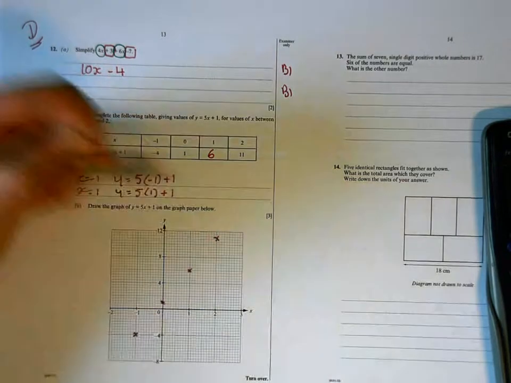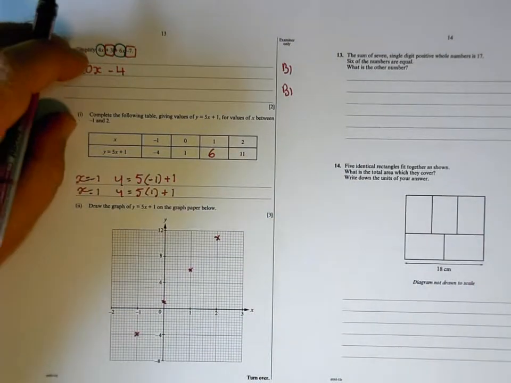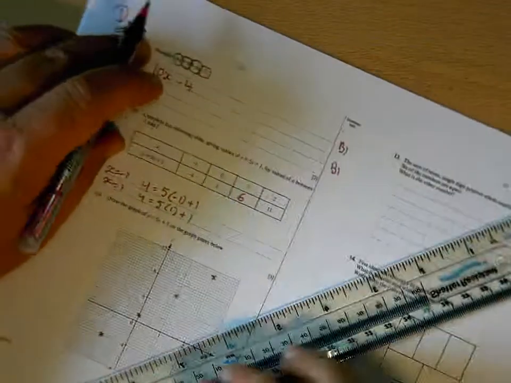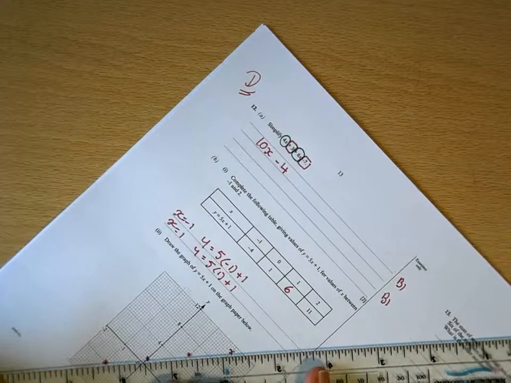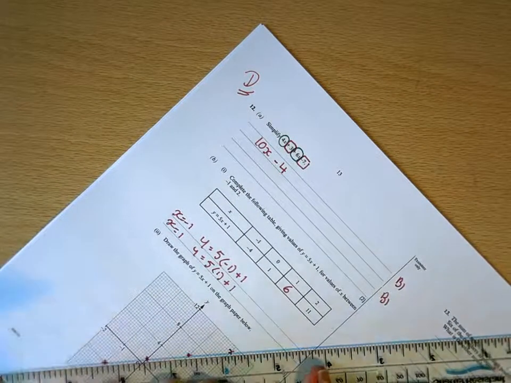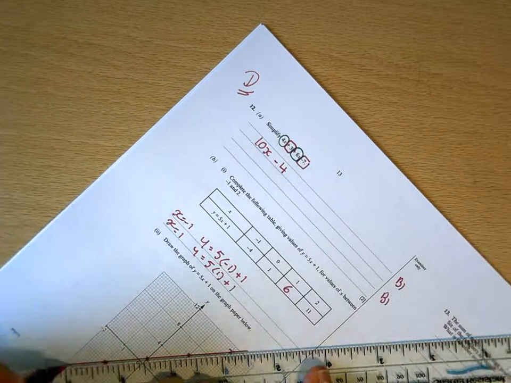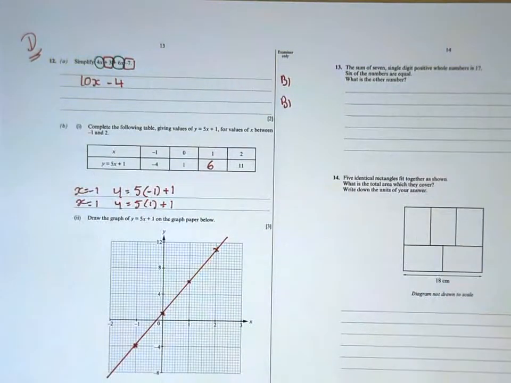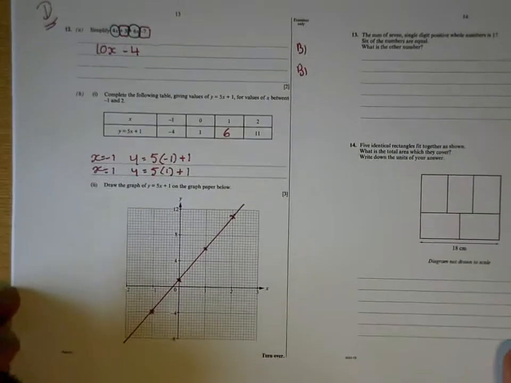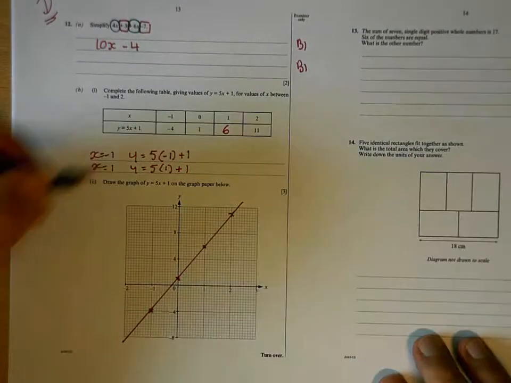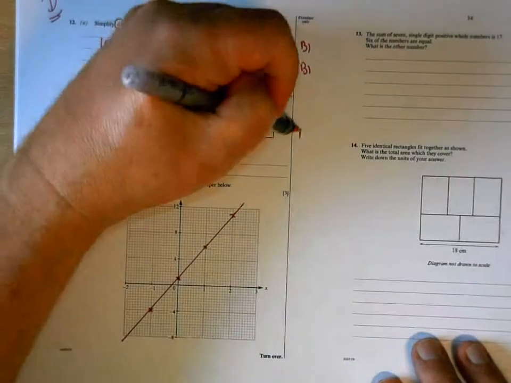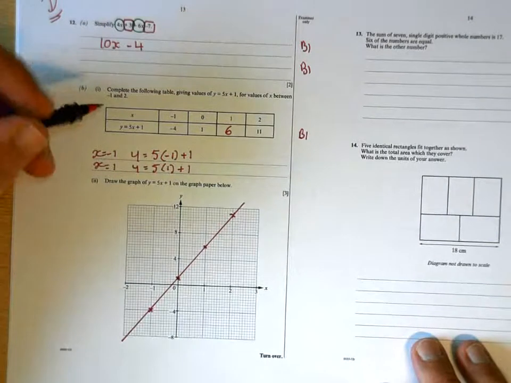And then you have to draw the line that goes through those points. So with that, you're going to get 1 mark for working out the missing coordinate, 1 mark for plotting the points, and 1 mark for drawing the line.